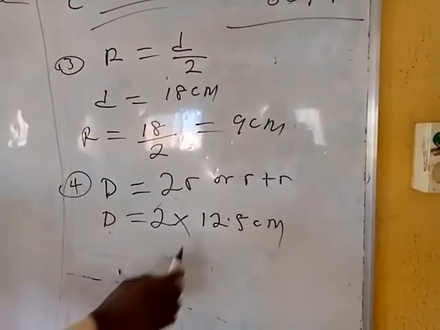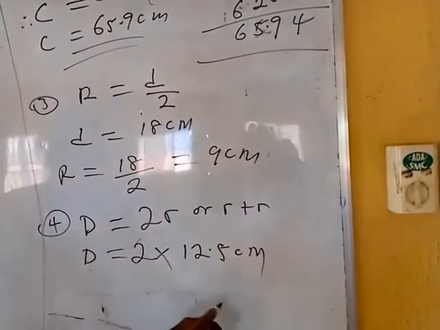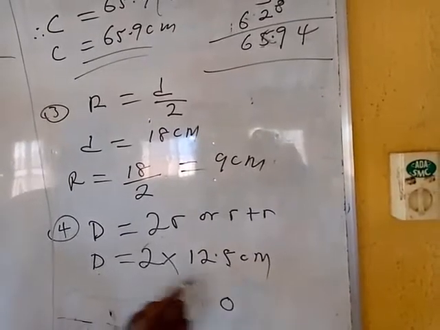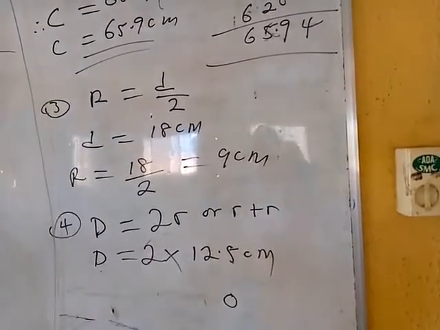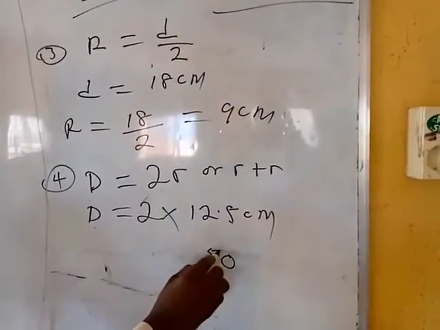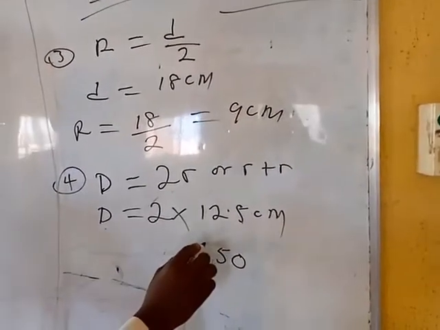Let's go. So 2 times 5, we have 10, right? 0 and carry 1. 2 times 2 is 4. Plus 1 we carried, we have 5. And 2 times 1 is 2.